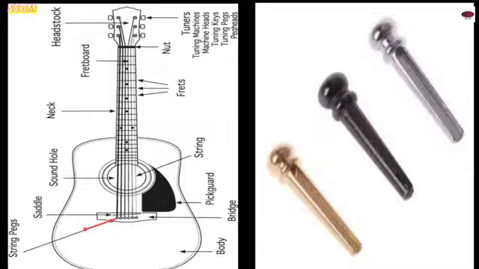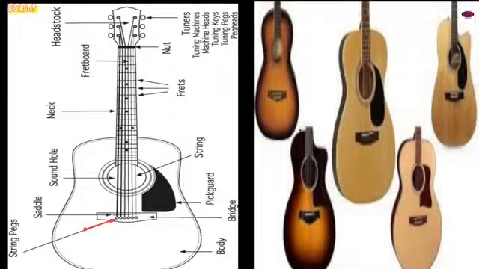It is fairly easy, but we must be careful not to make the strings too loose. When replacing them, make sure you are holding the other end of the string tight, because the tension is what keeps these strings from falling out. You can see here the string pegs over here.